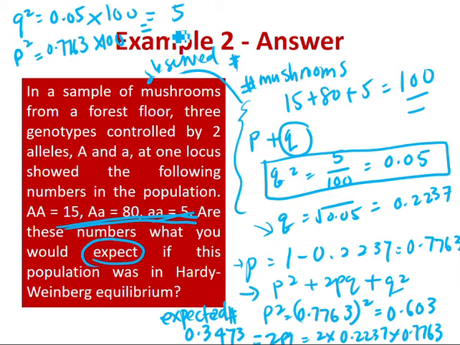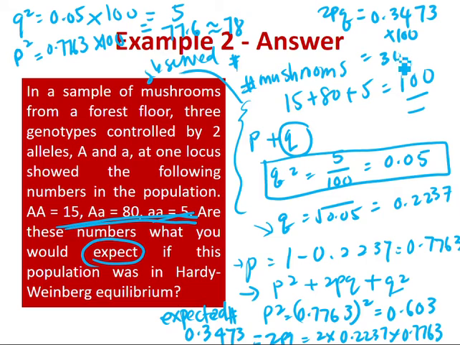So you get about 77.6, like 78, right? Mushroom. And then you have 2PQ. 0.3473 times 100 gives you 34.7, so about 35 mushroom.